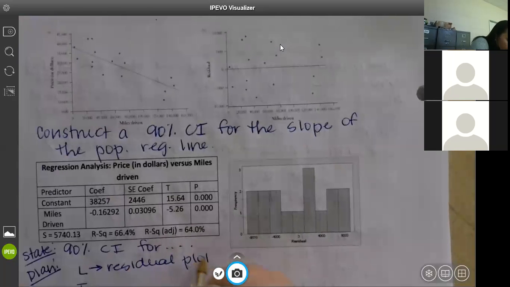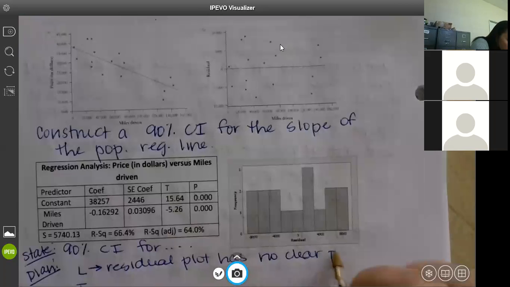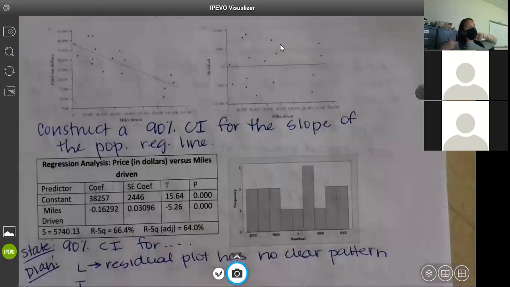Yep. No clear pattern. Perfect. What else could you have said? What about a scatter plot? It's linear. Okay. So whichever one they give you, it doesn't matter. All right. What about I?